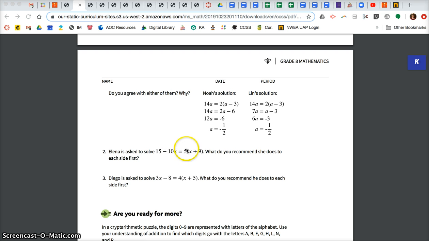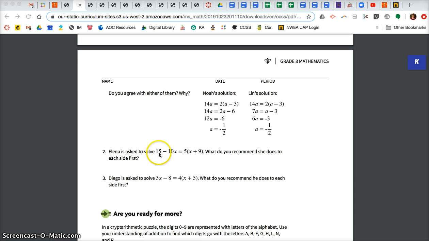What I'd like to point out is that when you were asked if you would distribute or divide this 5 first, the trick, or there's a little secret here, is that if you're going to divide, you want to make sure that you get friendly numbers. Typically, we want to try to avoid making numbers more complicated. So when we're dividing by 5 here, that would eliminate the 5.